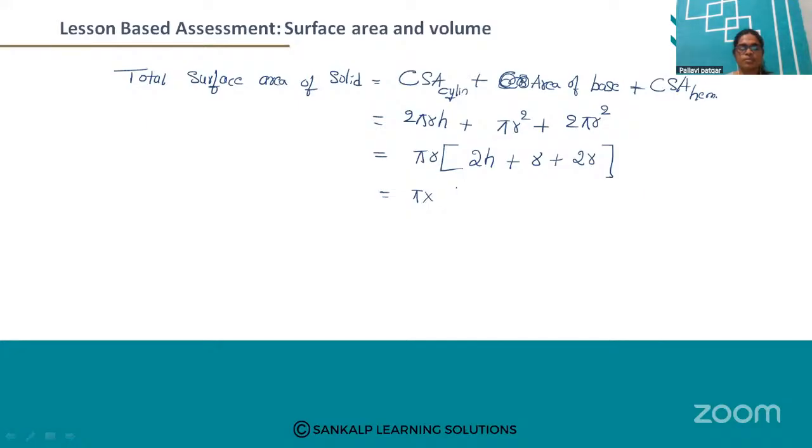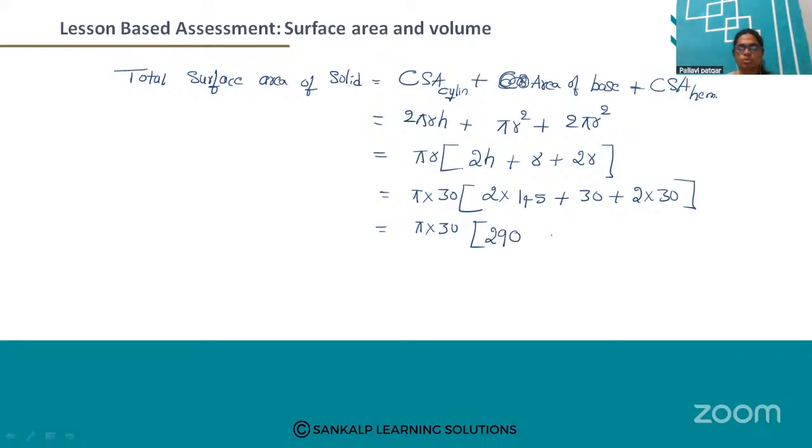So the radius of the solid is 30 into 2 into the height of the cylinder, 145, plus the radius 30 plus 2 into 30, is equal to pi into 30 centimeter into 2 into 145 is 290.